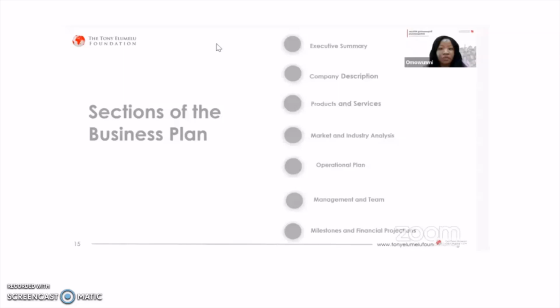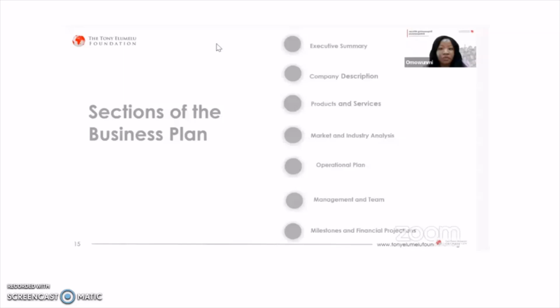There may be other names if you're not a Tony Elumelu Foundation applicant, but they somehow fall into any of these categories, any of these topics listed here. Basically, these are the things you want to look for and deal with in a business plan. So we have broken them down into these 7 topics or sections of your business plan.